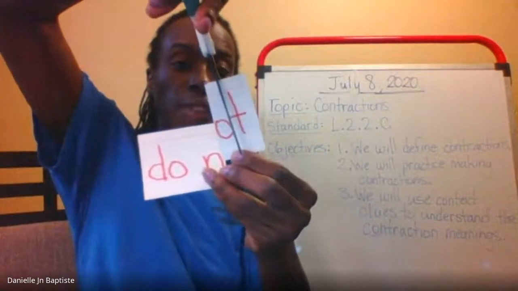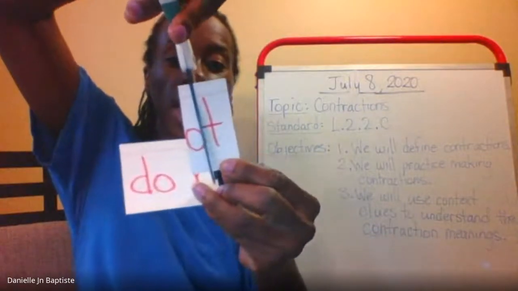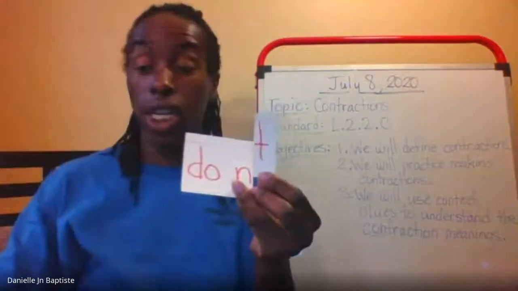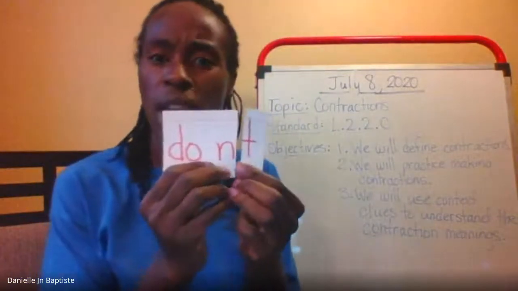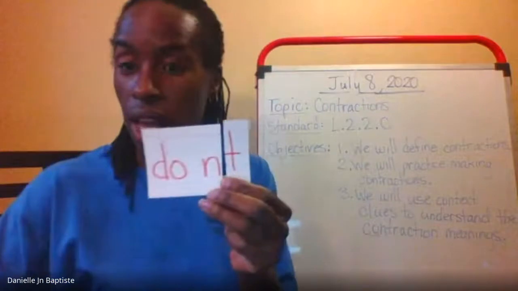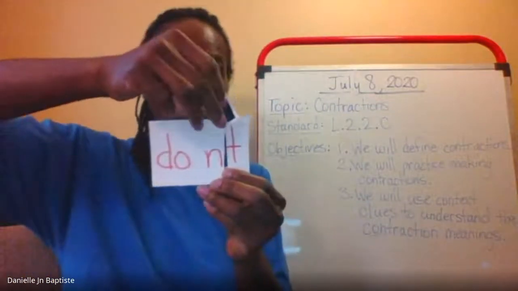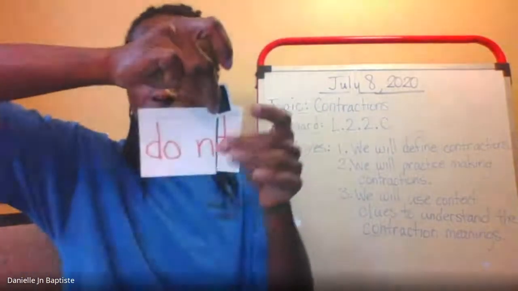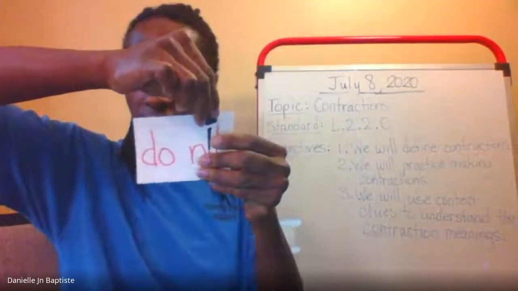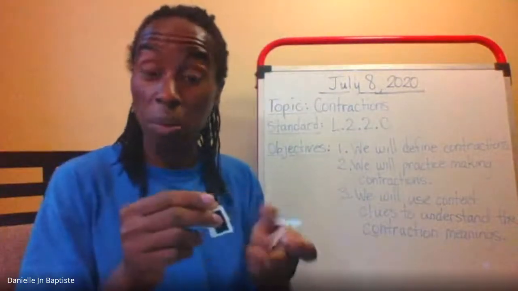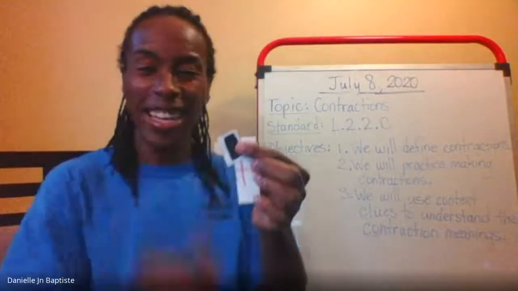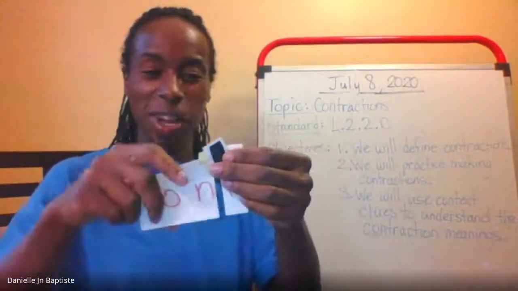So I'm going to take out the O because remember, in the contraction don't, we have 2 words that were put together like this, like so. Let me get some tape and do it like this. Watch this.